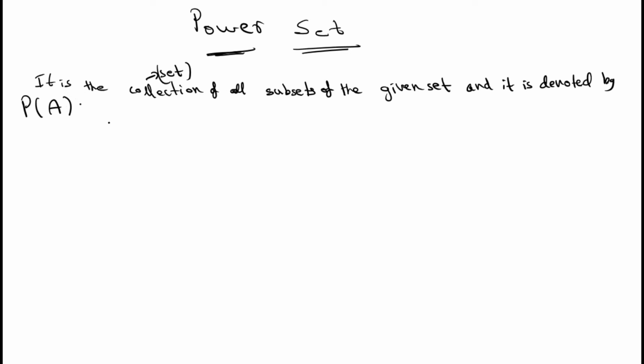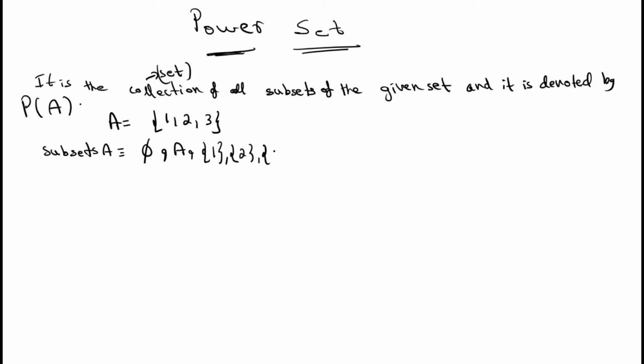For example, take set A equal to {1, 2, 3}. Write the possible subsets of A. We know how to write the subsets. The first subset is the empty set. The second subset is the given set A. The third subsets are the singletons {1}, {2}, {3}.